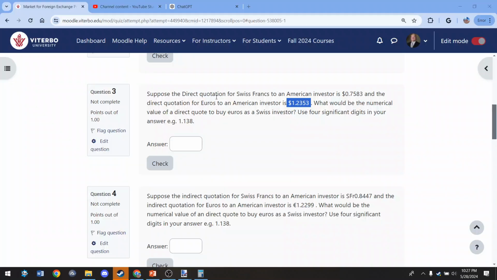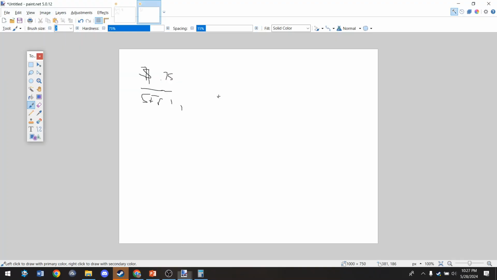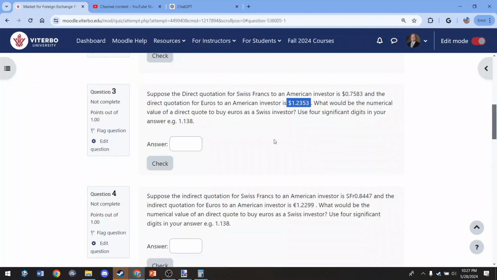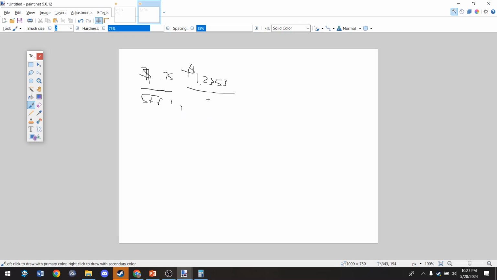So that's a fact. We also have $1.2353, and that's dollars per euro, 1 euro.